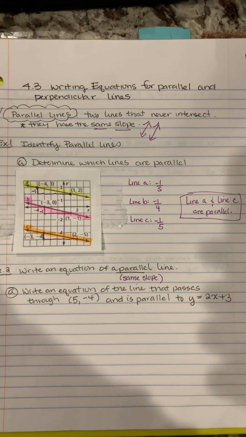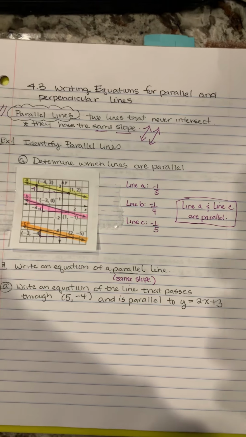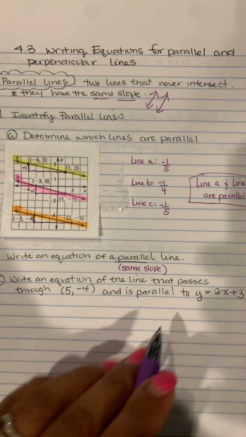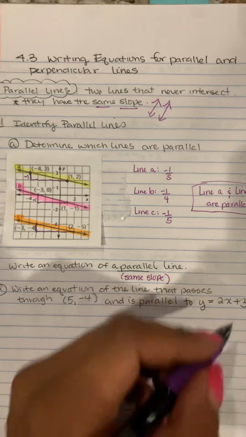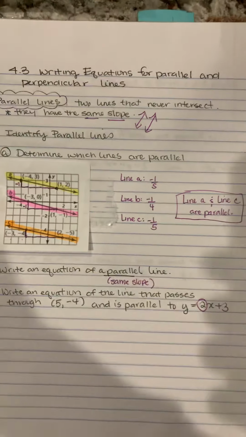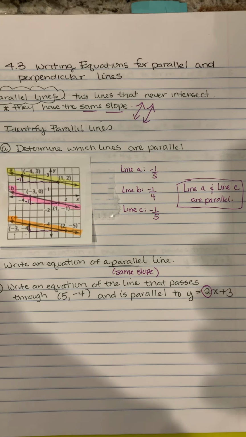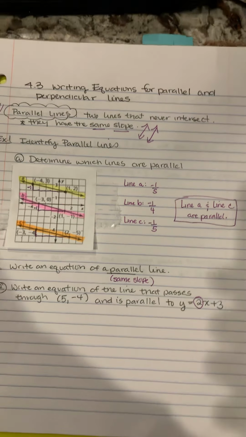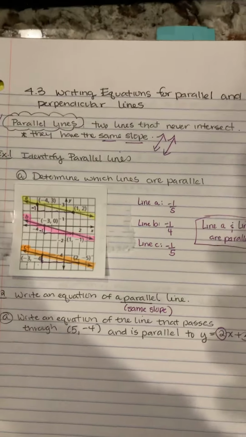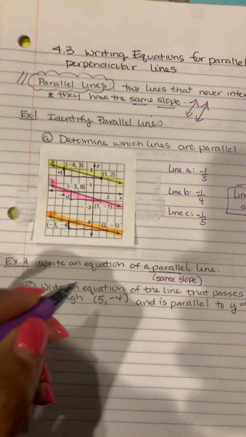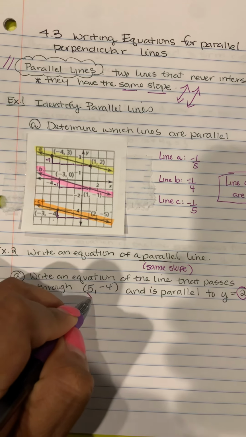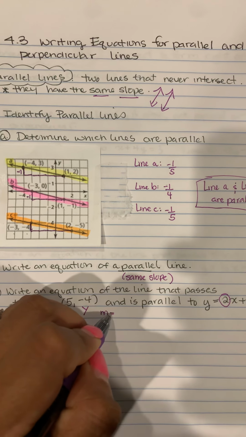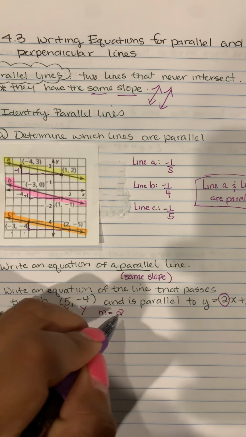So by definition, parallel lines have the same slope. So if you look at this equation, your slope is 2. And you're going to use that point, which is 5, negative 4. This is your x. This is your y. And we know our slope is equal to 2.